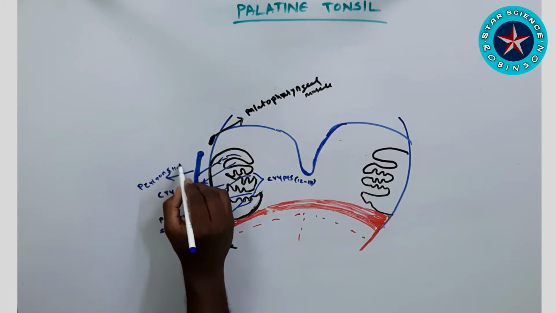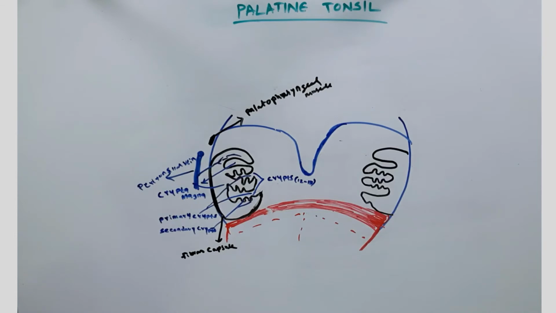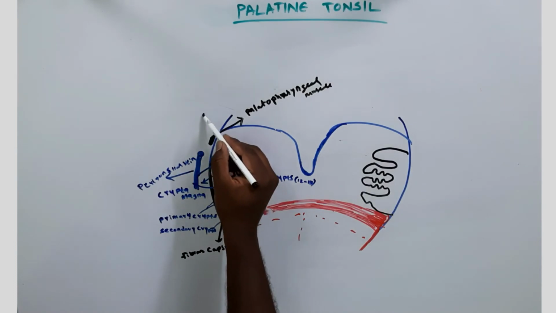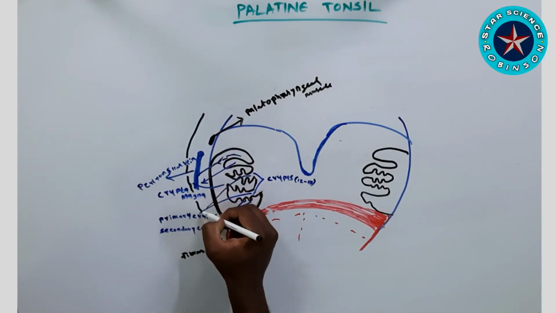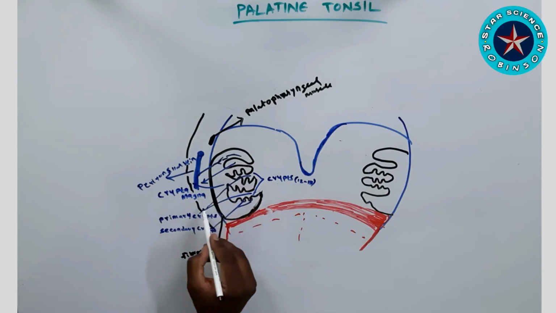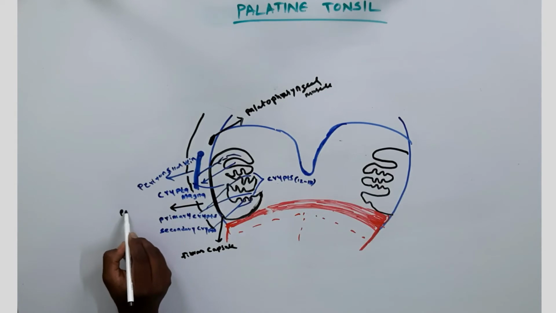This peritonsillar vein is situated in the peritonsillar space. You can remember that you have the lateral capsule, and after that you have the peritonsillar space, in which we can find the peritonsillar vein. So this is called the peritonsillar space.